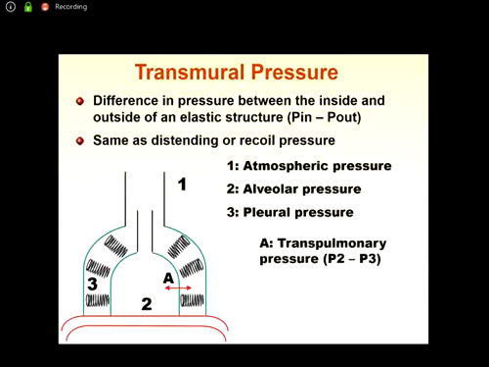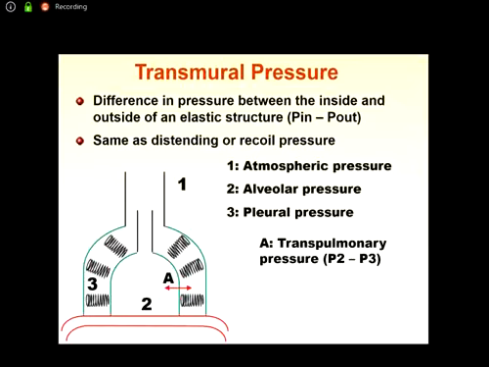So A is what we call the transpulmonary pressure, which is the difference between the alveolar pressure, 2, minus the pleural pressure, 3. And that's the pressure that actually makes the lungs expand or collapse, according to the level of that difference.